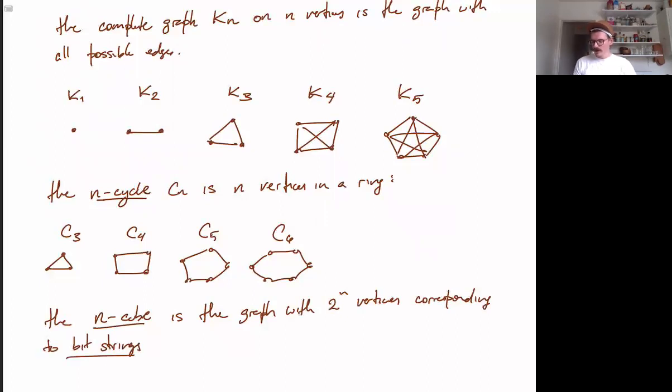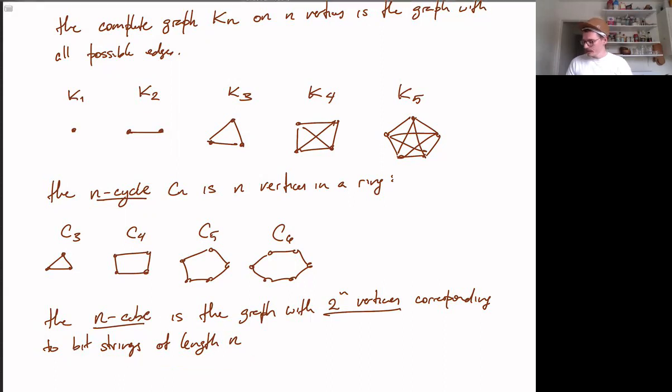So remember that a bit string means a string of 1s and 0s. So each vertex corresponds to a bit string of length n. That's why there's 2 to the n vertices, because there's 2 to the n of those things, as you will know from our discussions of counting.